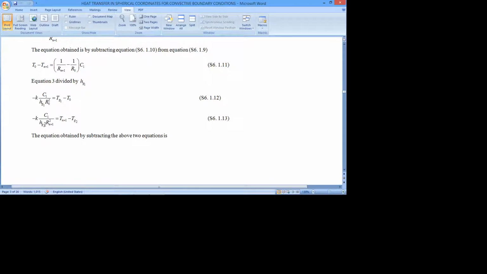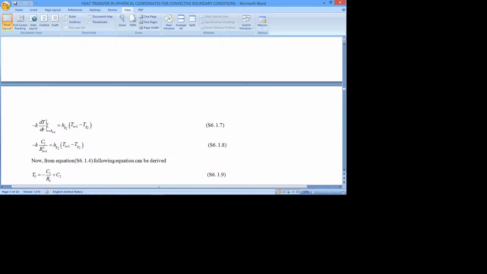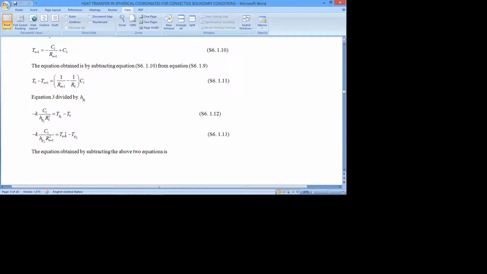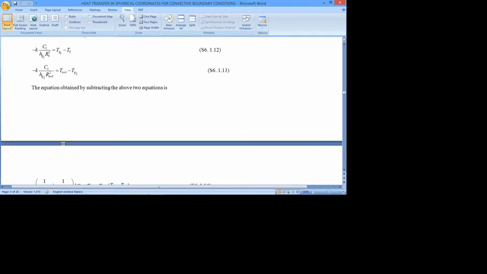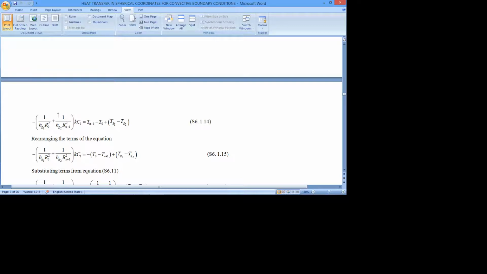Now the other equation, divided by Hg2, is equation 4. Equation 4 means this equation is divided by Hg2, so you are getting this equation. So we can subtract these two equations here, and if we subtract them, we will get this one.